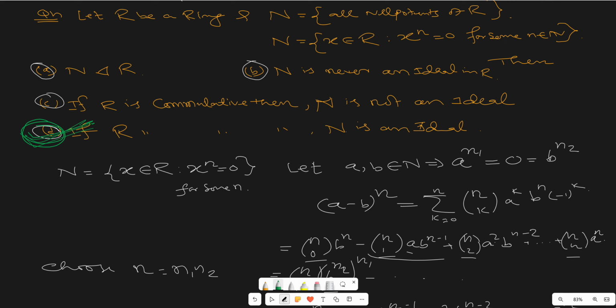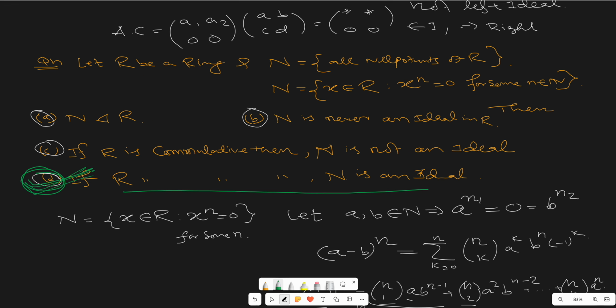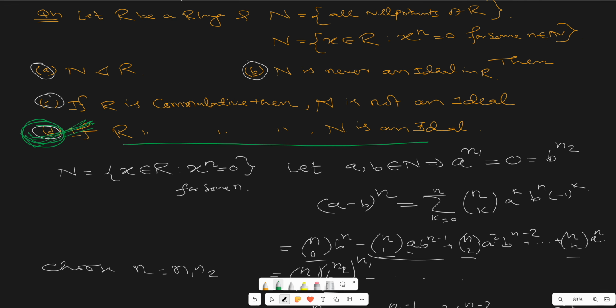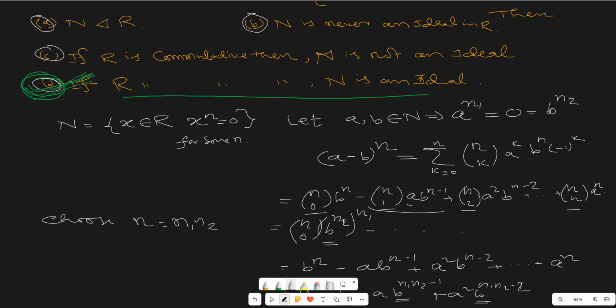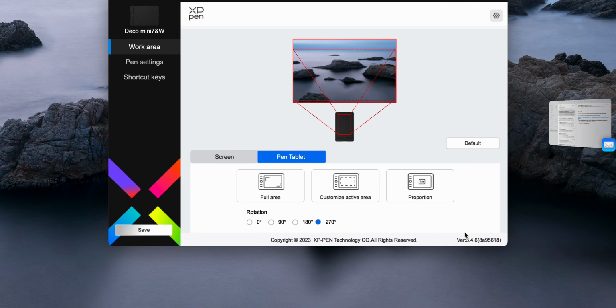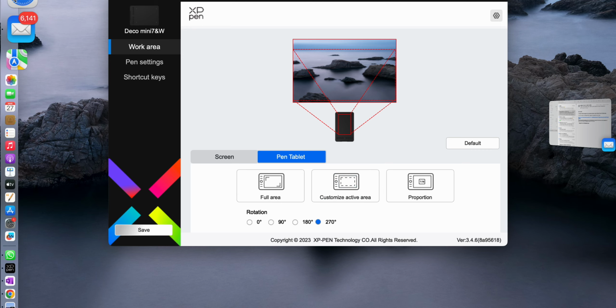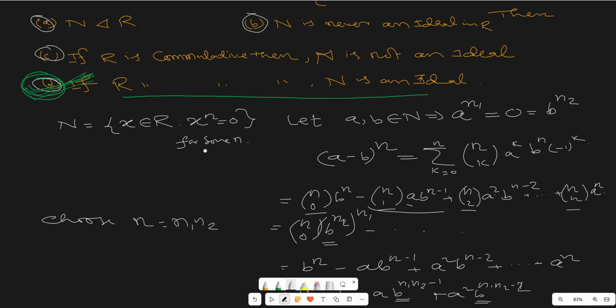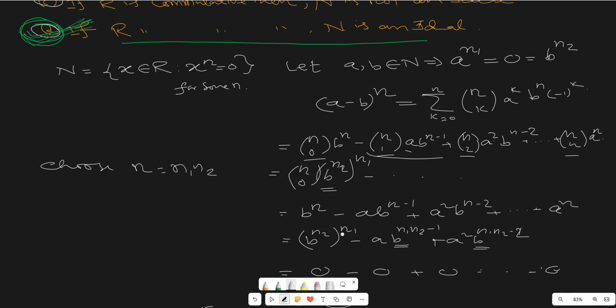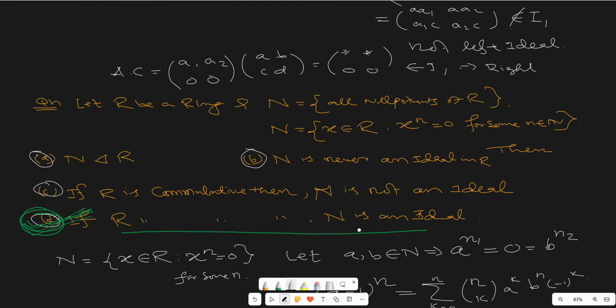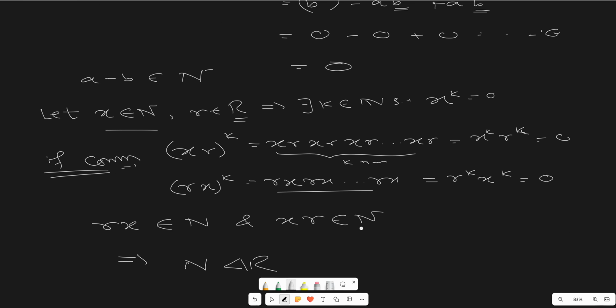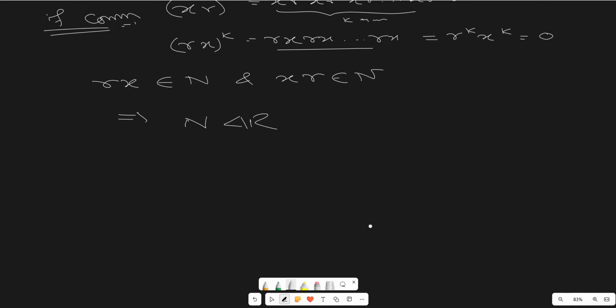Only if R is commutative, then it is an ideal. I think you got my point, right?